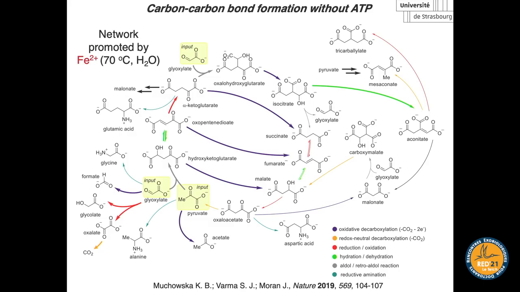So we used different chemical methods, including isotopic labeling. I'm not going to talk about that. You can read the paper if you want. But basically what happens is you start from glyoxylate and pyruvate, which you should see in the yellow boxes on the left side of the slide.